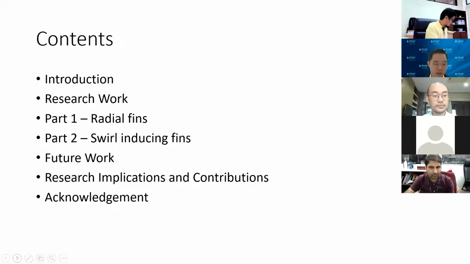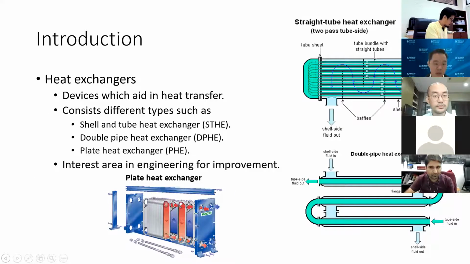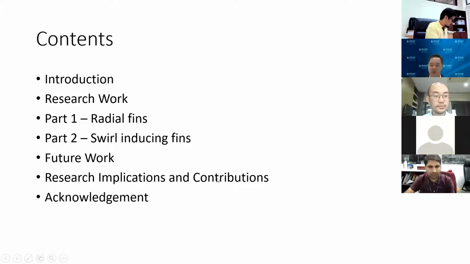Today I will start my presentation with an introduction, followed by my research work, which is separated into two parts. I will talk about radial fins in part 1, and for part 2, I will talk about swirl-inducing fins. This is followed by future works, research implications and contributions, and acknowledgement.